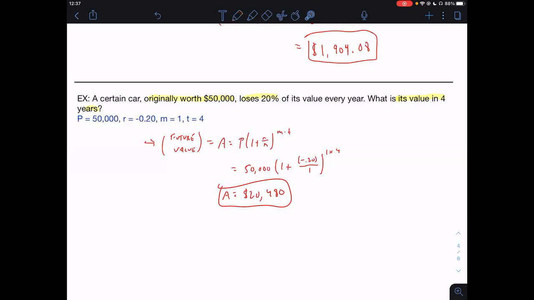So if it's an investment that's going to grow in the future, then our interest rate will be positive. But if it's an investment that's losing money, then our interest rate will be a negative value. The setup is pretty much exactly the same, except now R will be negative instead of positive. So for depreciating values, R will be negative.